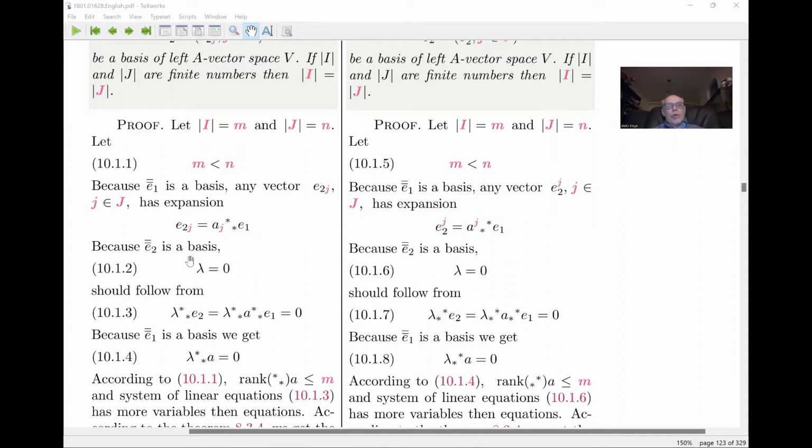Because E2 is a basis, equality 1.2 should follow from equality 1.3. Instead of E2, substitute its representation relative to the basis E1. Because E1 is the basis, we get equality 1.4.